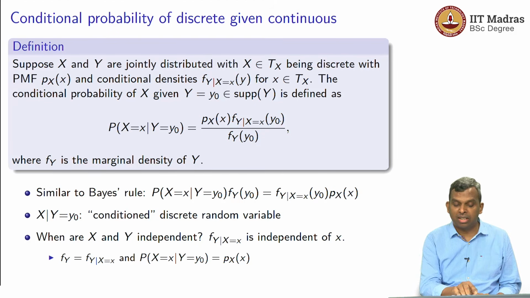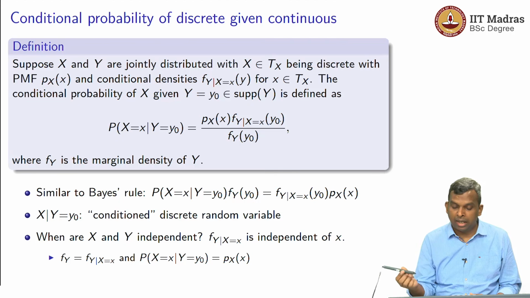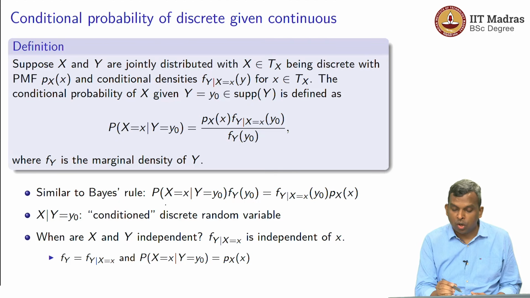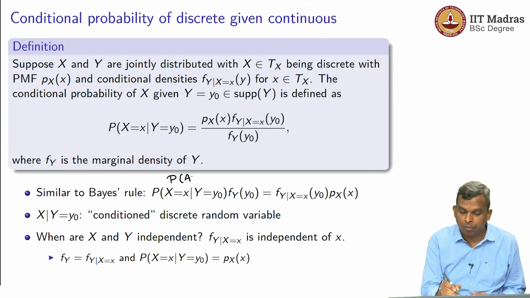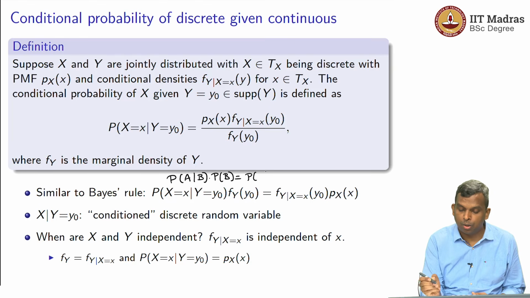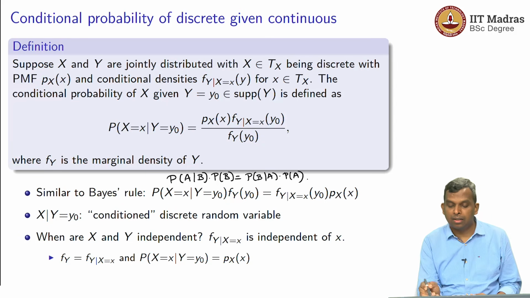Normally you write Bayes' rule as probability of A given B times probability of B equals probability of B given A times probability of A.